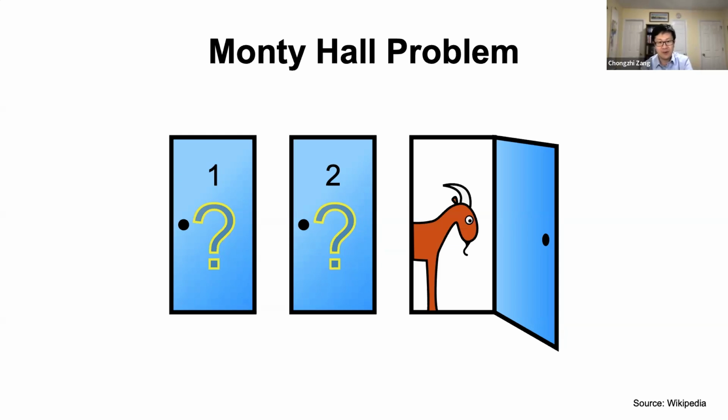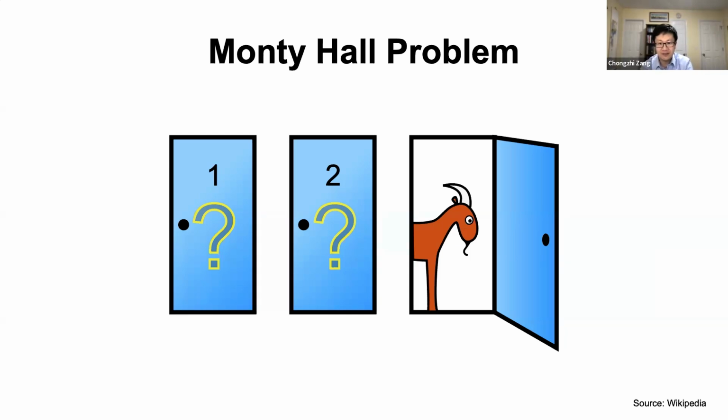Behind one of the 3 doors there's a car, and behind the other 2 doors there's a sheep, or goat, I don't know. And we assume that the player wants to get the car, which is much more valuable than the sheep.